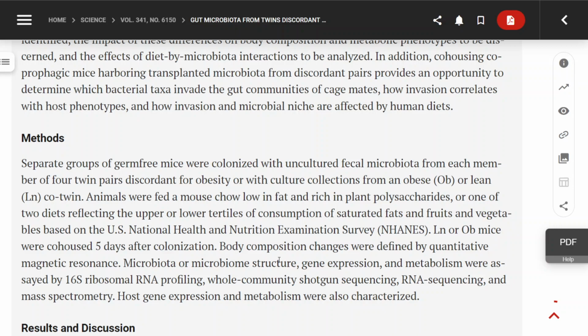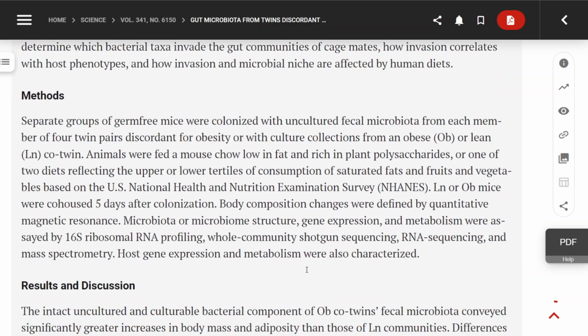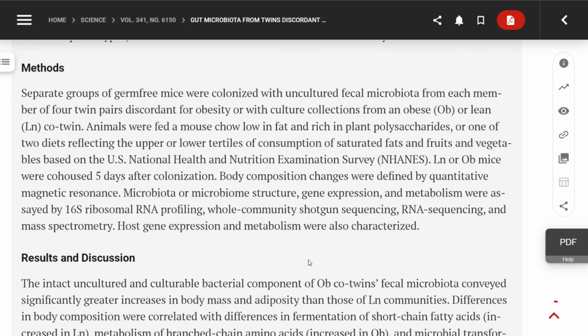So it's very unlikely that living next to a lean person would let you transfer the microbiome from them that way. But it is kind of encouraging that the lean microbiome is more invasive than the obese microbiome. So the tendency is for the more normal, healthy microbiome to take over when given the chance.